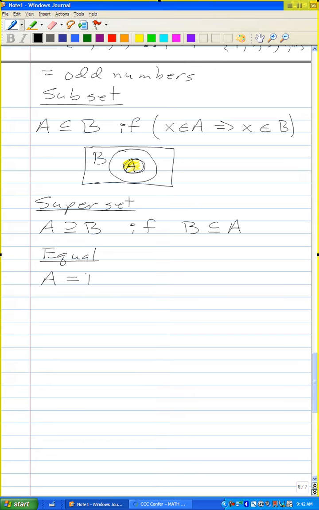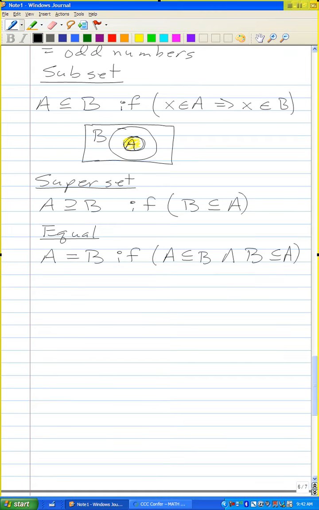A is equal to B if A is a subset of B and B is a subset of A. Proper subset?